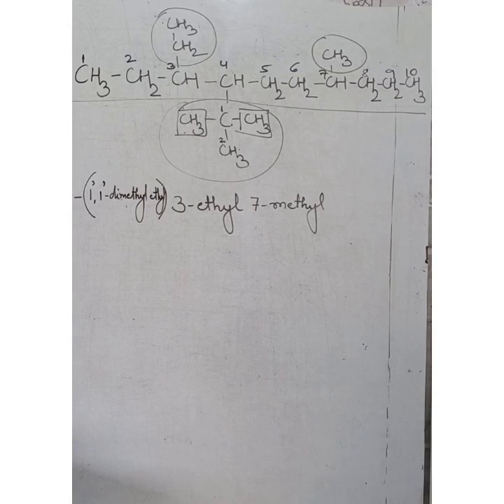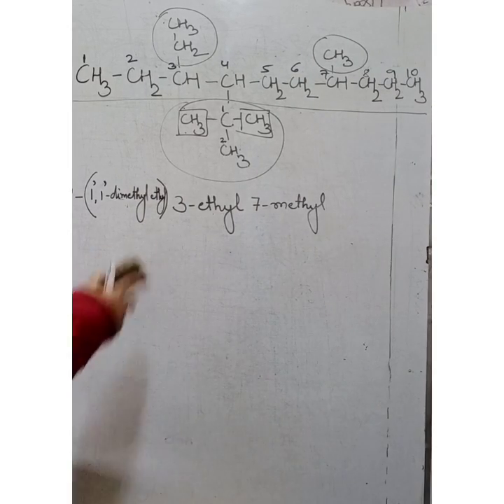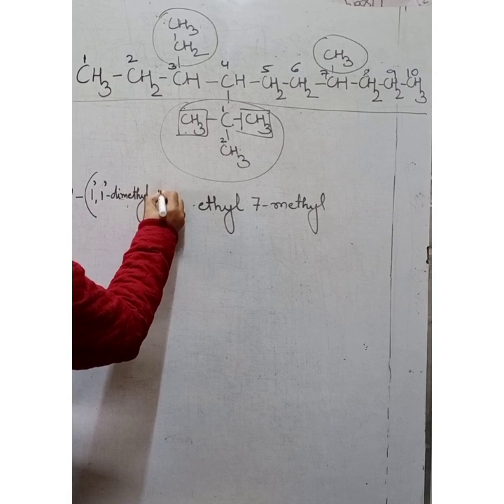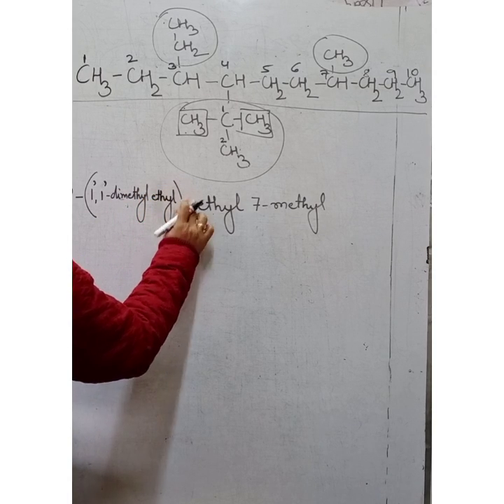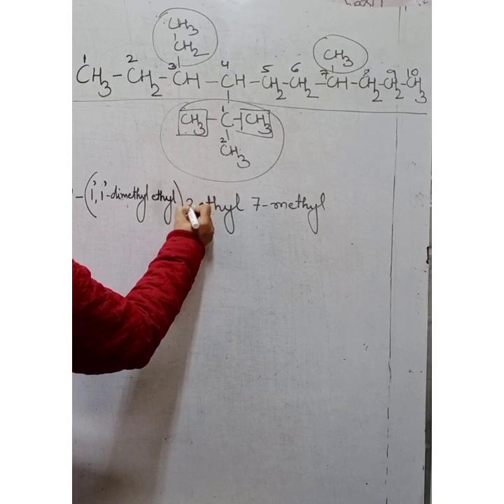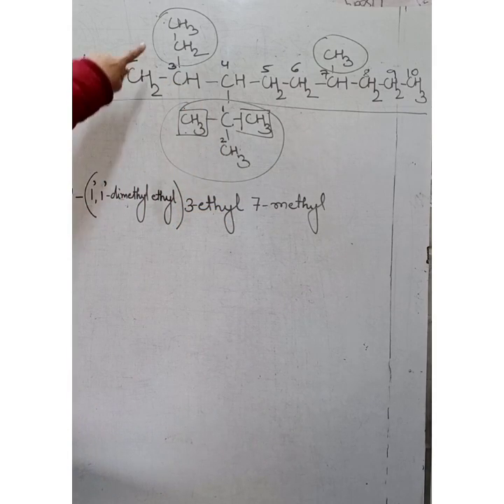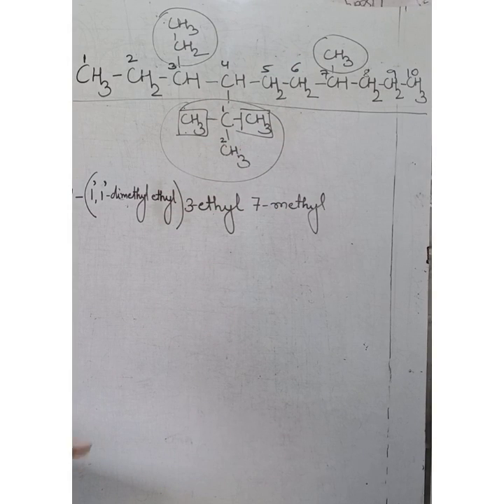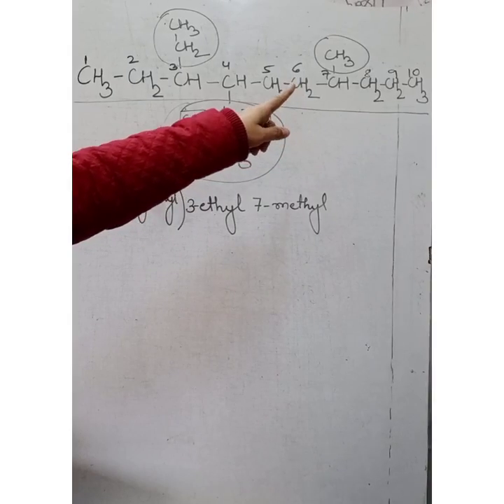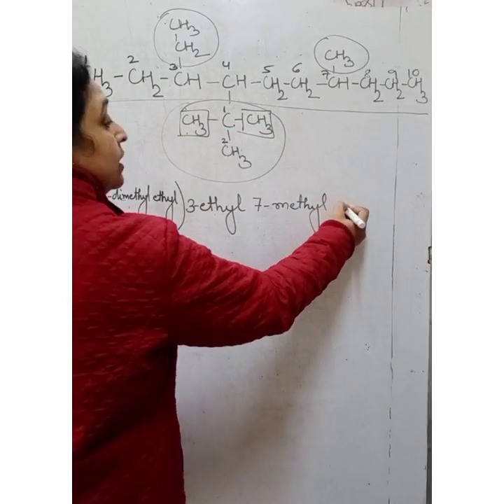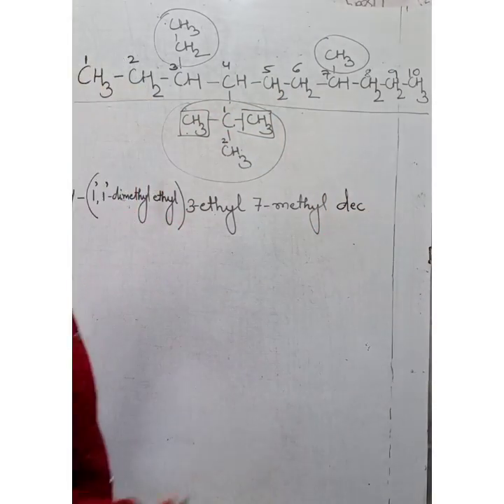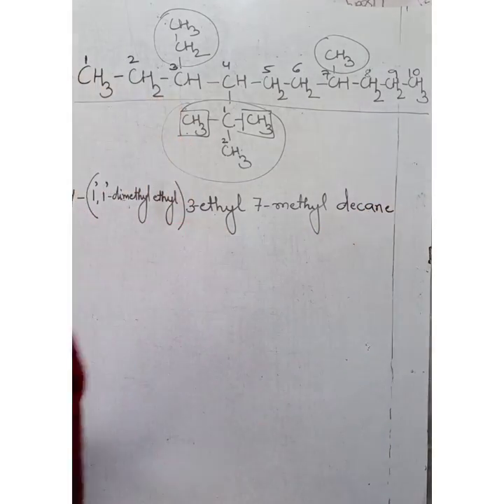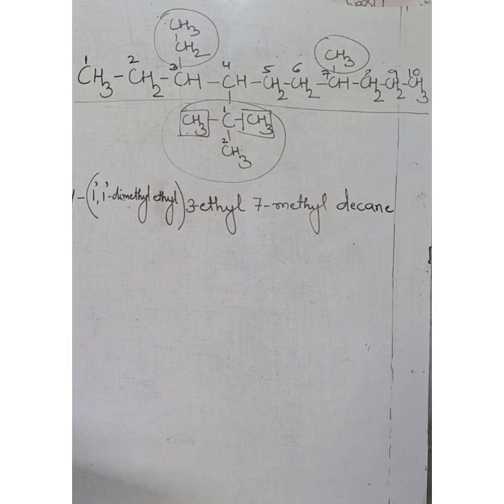This is your substituent, 1,1-dimethylethyl, bracket close, and then at the 3rd position again we have the ethyl group, at the 7th position the methyl group. Now, what is your word root? Your word root is 10 carbon atoms, so dec plus primary suffix ane. So, decane. This is how we name a complex compound.